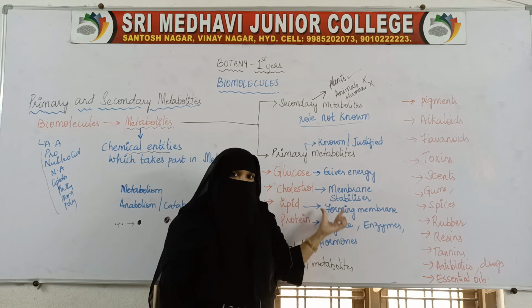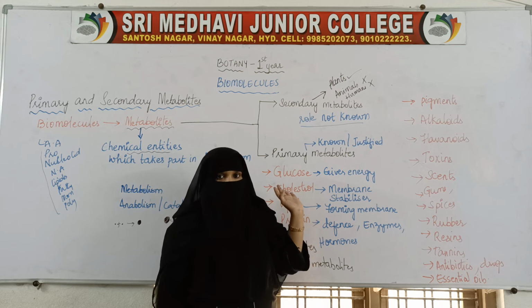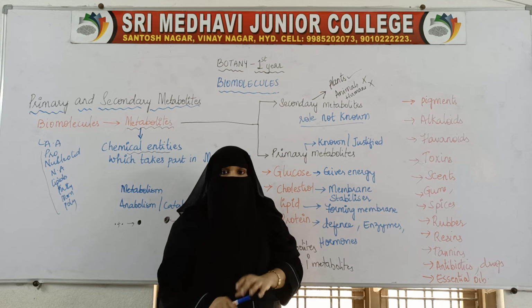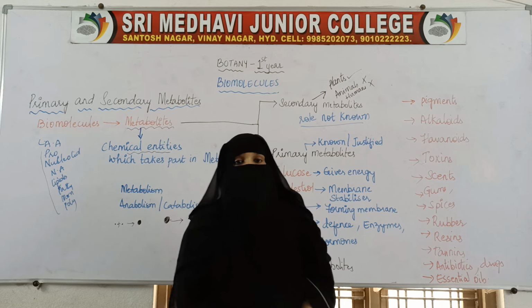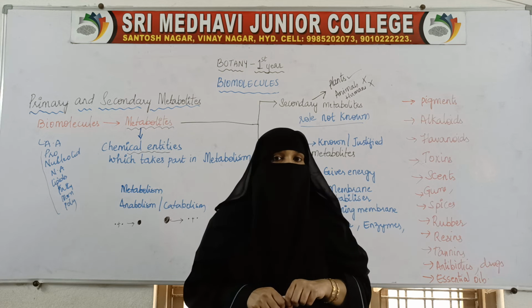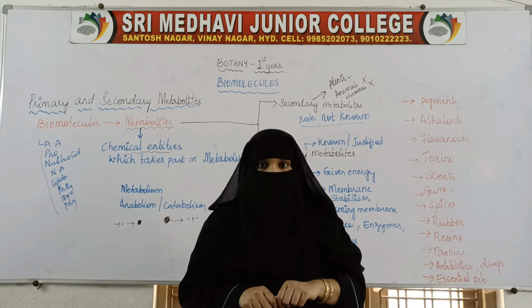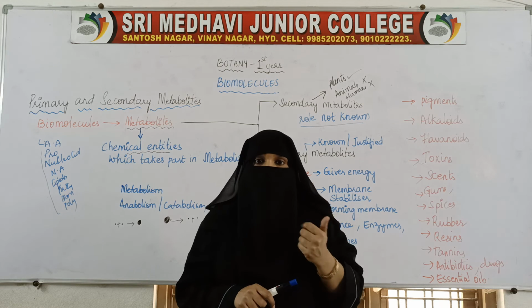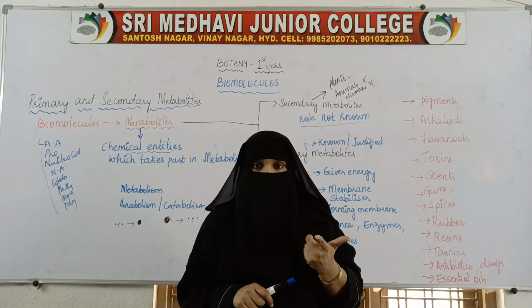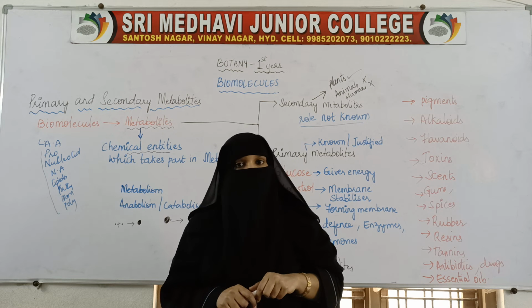Here the primary ones are produced by all plants, animals, human beings, everyone, and we all know the role of these substances also. But there are certain biomolecules or metabolites which are produced by the plants, but the role of them is not known to us. Till now we have not discovered the use. They are produced by only plants and some fungus, and these are not produced by animals and human beings.